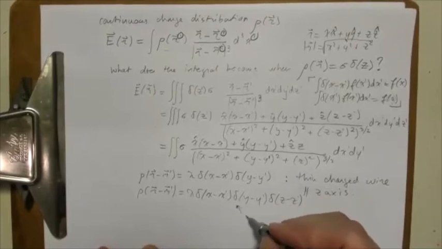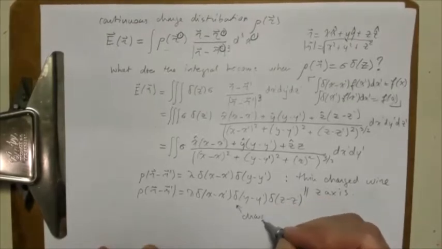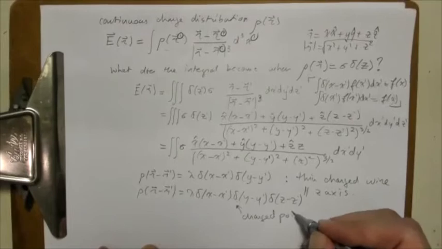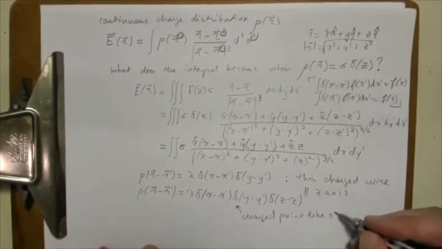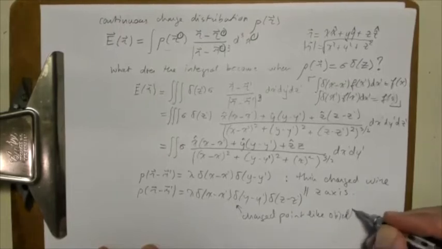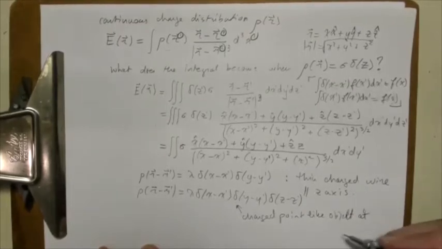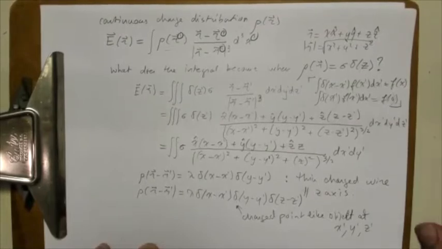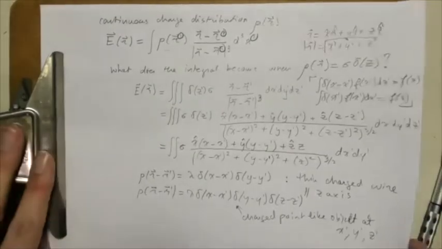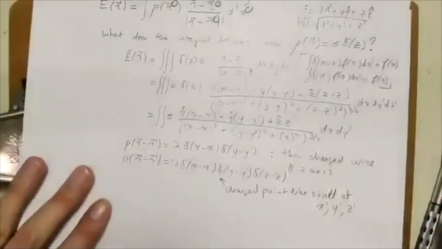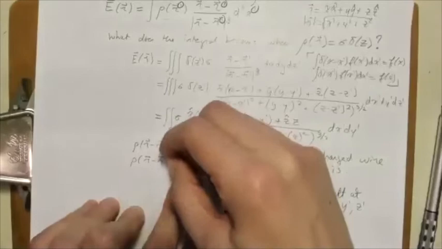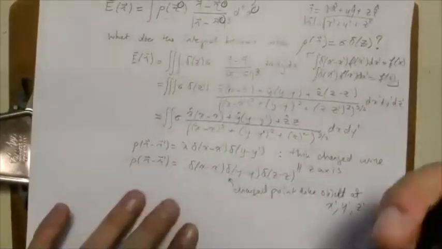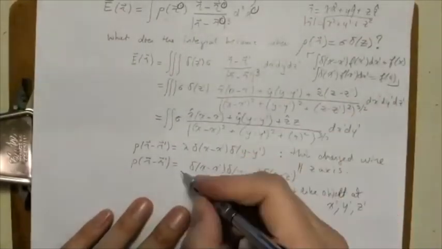That's a charged object, a charged point-like object, if you want, at x', y', z'. All right. So that's how your delta functions work out. Oops, then this of course needs to be Q.